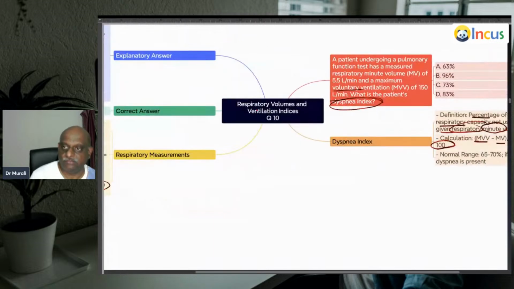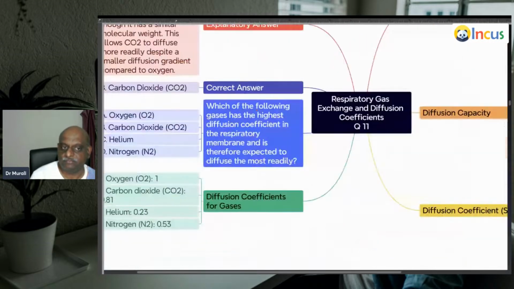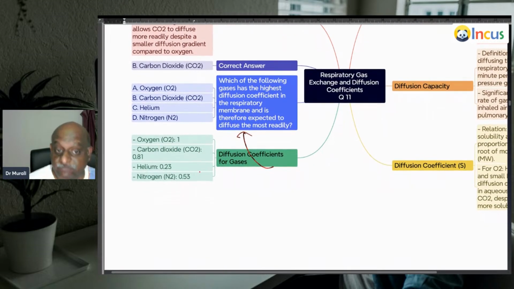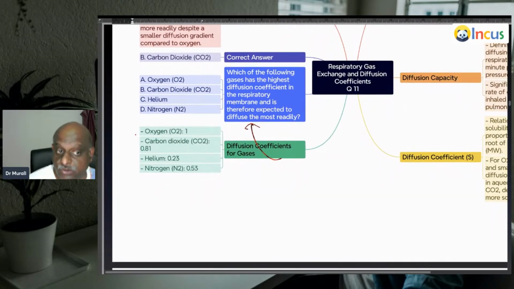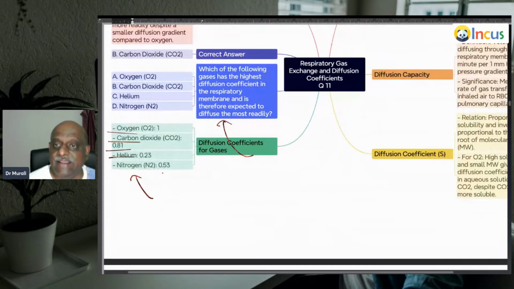Now, doctor, let's go to the next question. Which gas has the highest diffusion coefficient in the respiratory membrane, therefore expected to diffuse most readily? You need to remember that if you look at the diffusion coefficients of the gases, oxygen is 1, carbon dioxide is 0.81, helium is 0.23, nitrogen is 0.53.